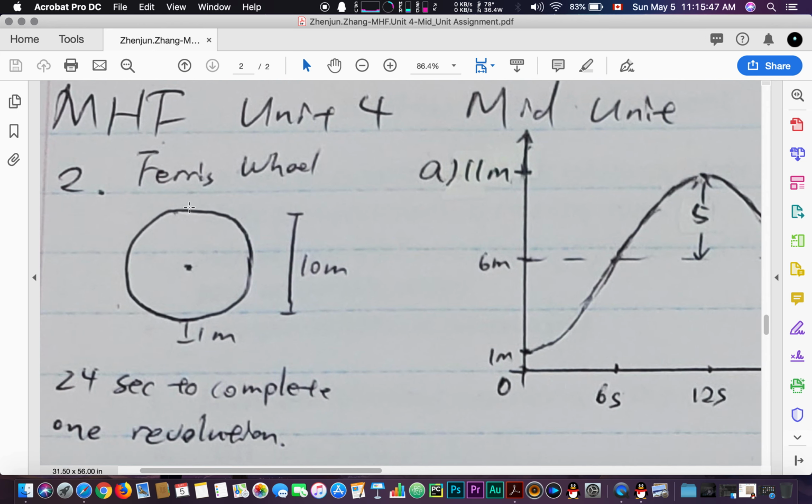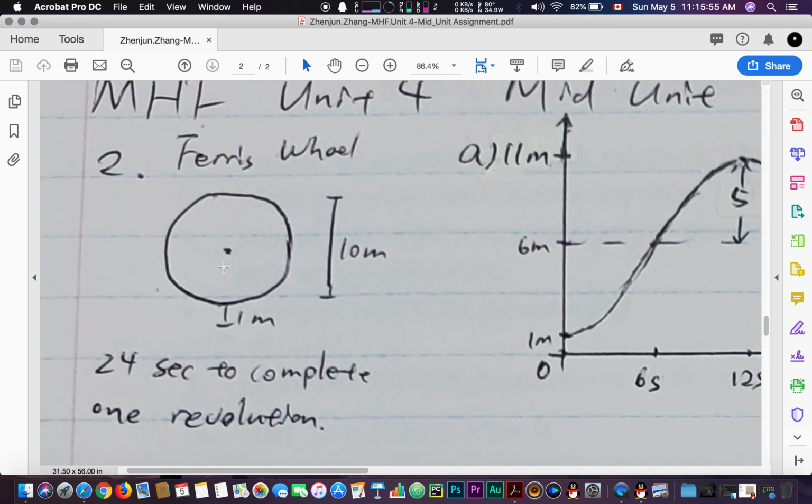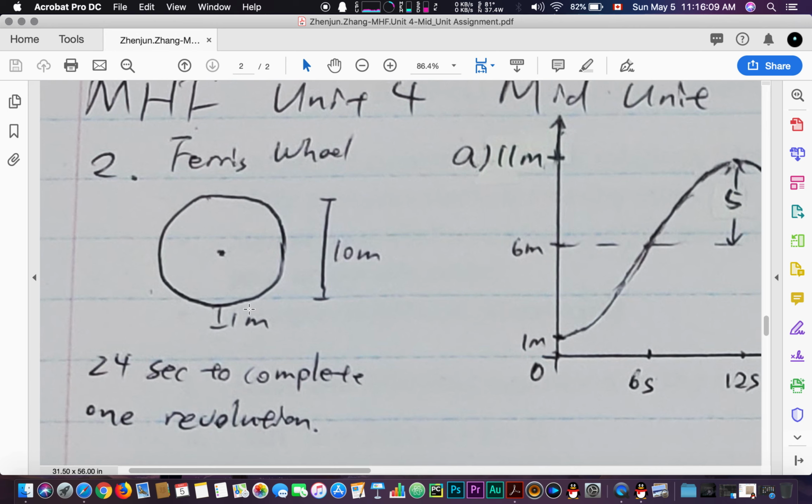In the middle of the graph, at 12 seconds, since you need 24 seconds to complete one revolution, you start at 1 meter. 12 seconds later, you will end up at 11 meters, because that's 10 plus 1, 11.